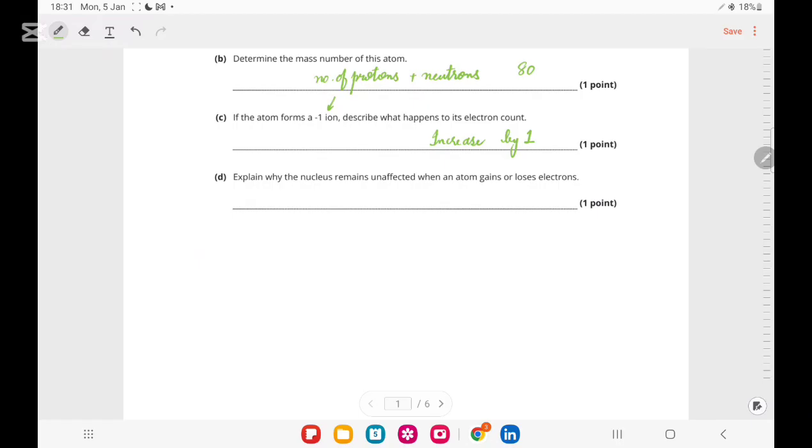Because the nucleus contains protons and neutrons, which are not affected if there is an increase or decrease in electrons.